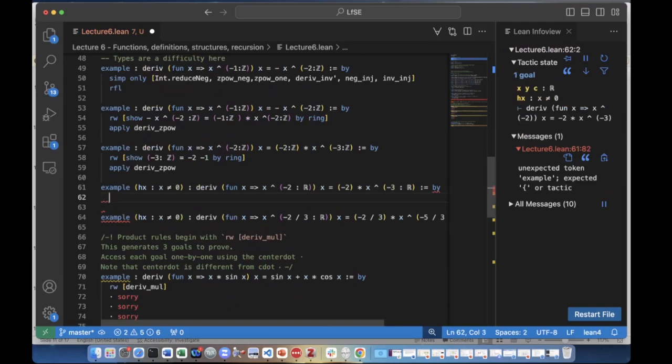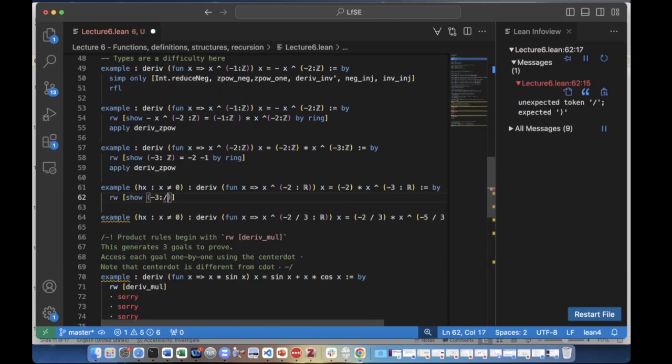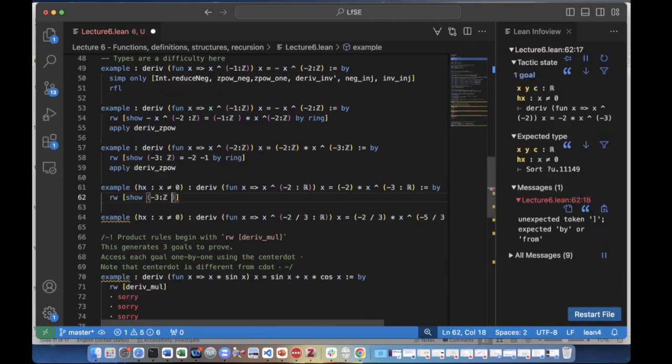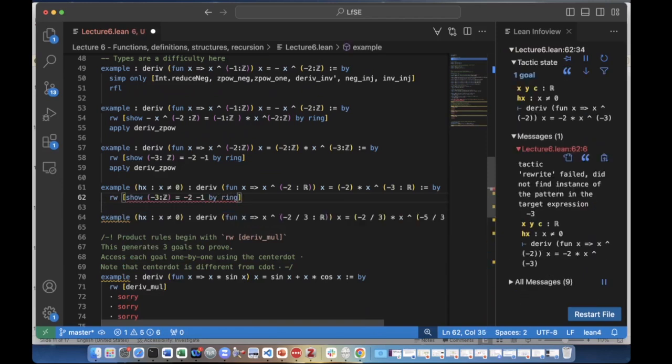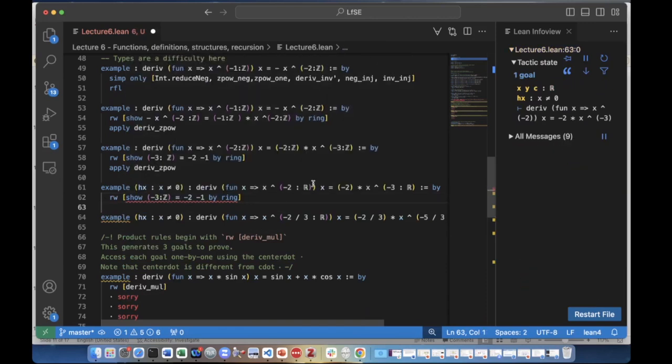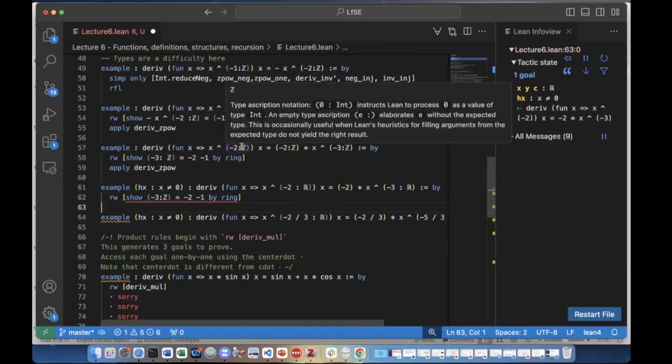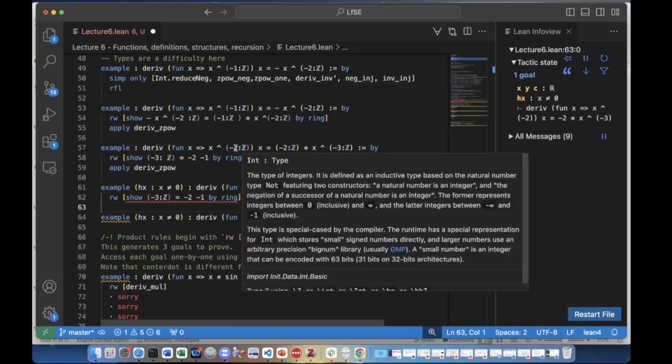So Colin's suggestion for this is we first show that -3 of Z is equal to -2 minus 1 by ring. That sets us up. I'm working with real numbers. Okay, excuse me. The difference between this one and the previous one is setting Z, the number here, is type Z versus type real.